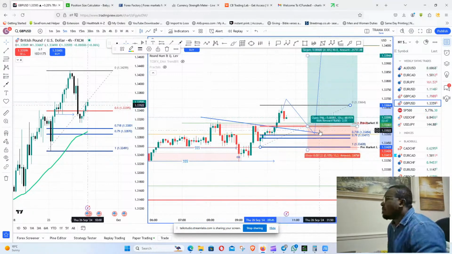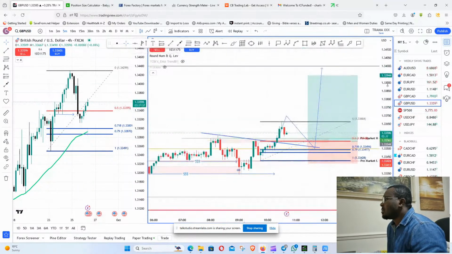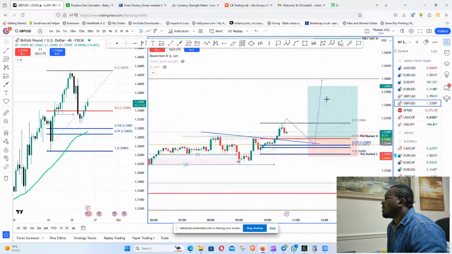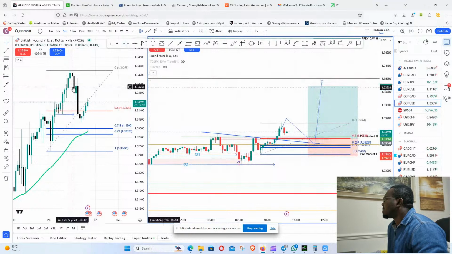So I have my buy limit here, buy limits there. So I have two buy limits, one and the next one there. I'm targeting this high here, this area, if you see the 4-hour time frame, that area there. I'm targeting this order block area.